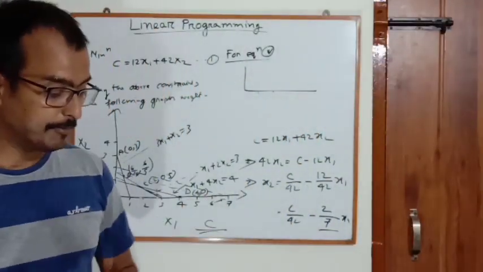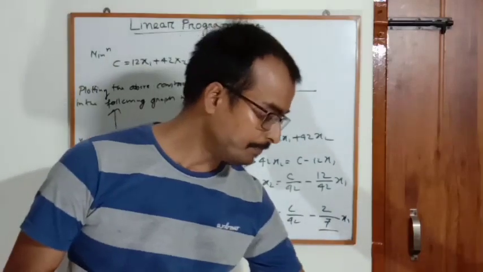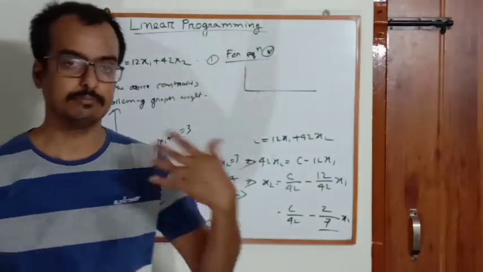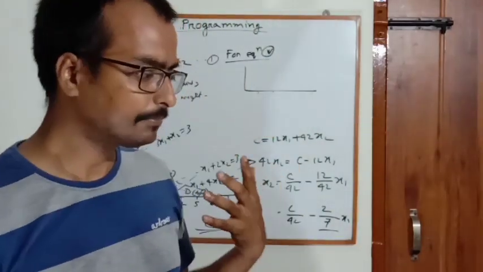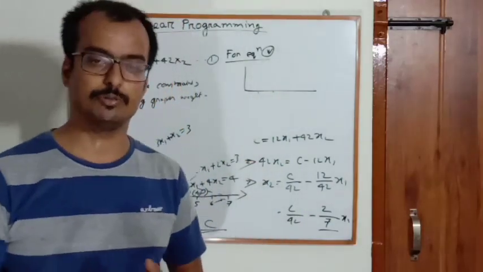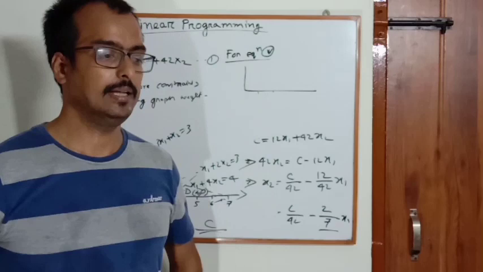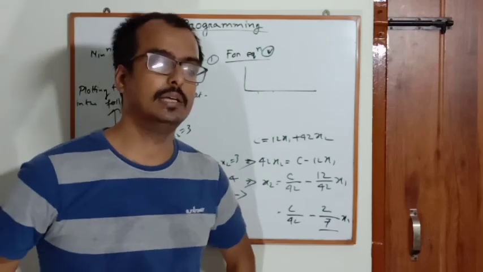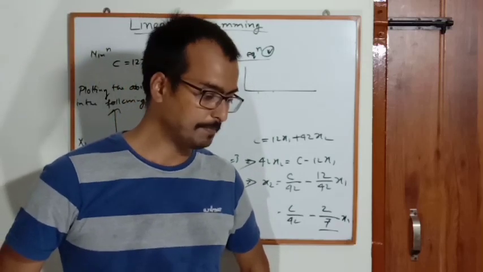So we'll be summing it up here. This is the process of finding the minimization values with inequality constraints, that means in linear programming.